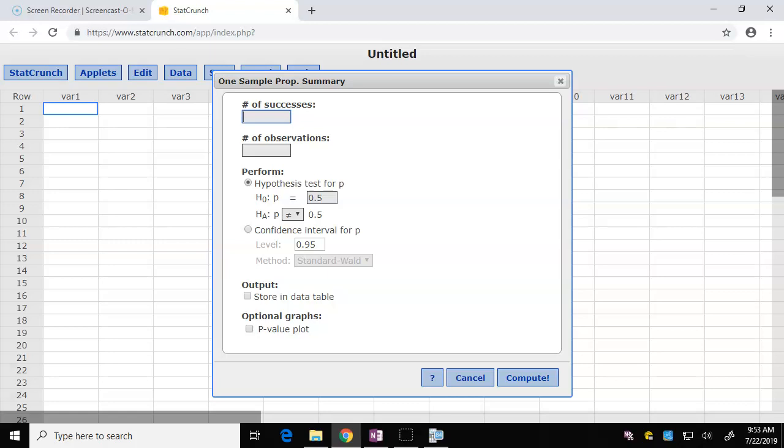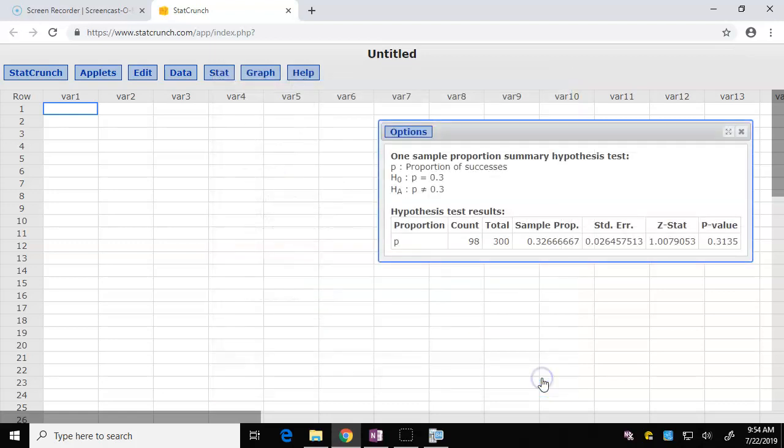So we can find our number of successes. How many were there? 98. Okay. 98 out of 300, you said? And change that 0.5 to a 0.3. And is this symbol correct? Yes. Compute.